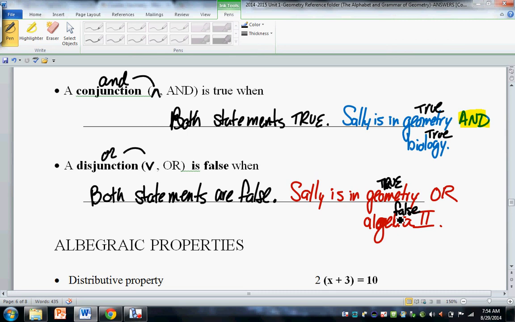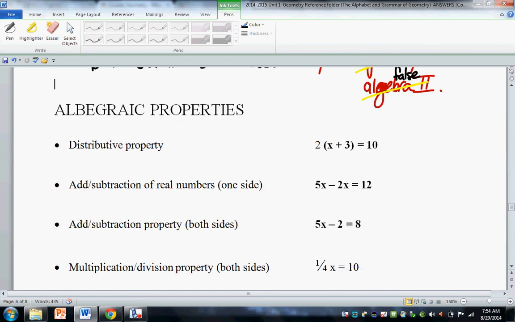If that were true and that were false, it still could be considered true because she only has to be in one, because it's one or the other. The only way it would be false is if both statements were false, and let's say she was in calculus or something, okay? Okay, those are your basic logic laws. The ones that we didn't cover in class, just be familiar with them. We're honestly going to use them later on in the semester.